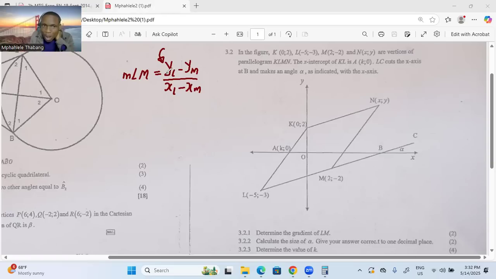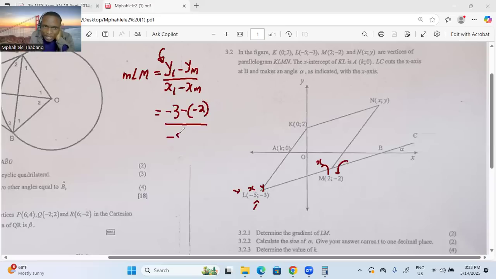So now what is my y at L? I'm going to go to the point L, and look at y. This is my x. This is my y. So my y is -3. So I will say -3 minus, go to my y at M. I'm going to subtract -2. Make sure that you write that -2 over x at L. You come to the point L. What is x at L? -5.